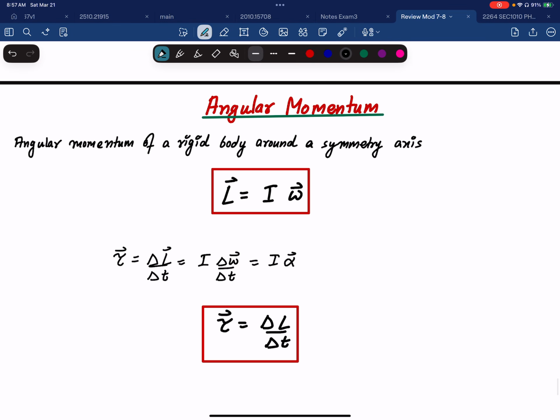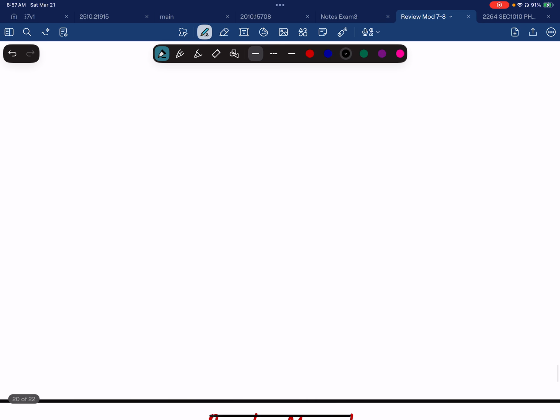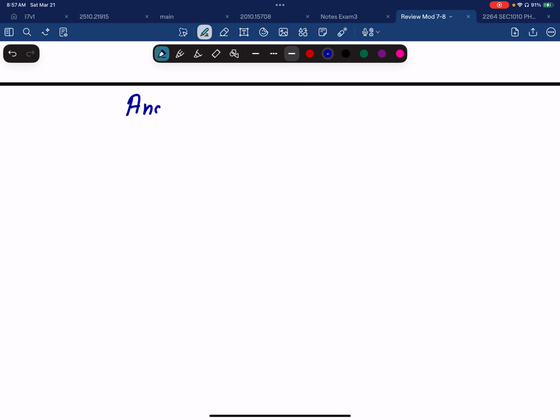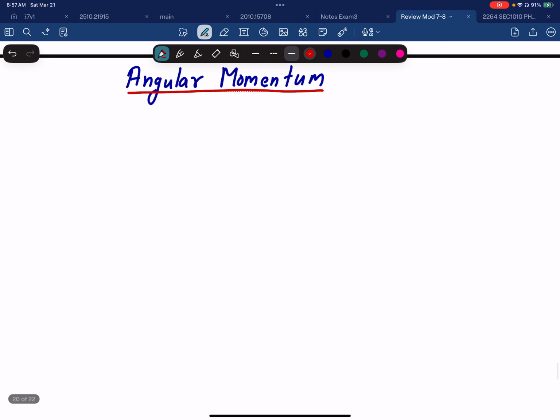Angular momentum is the same as the linear momentum that you had, but if you don't have any torque or any force applied on an object, the angular momentum is conserved. So let's try to understand from the linear perspective. Angular momentum. Okay, so the angular momentum is given as, so let's try to understand.